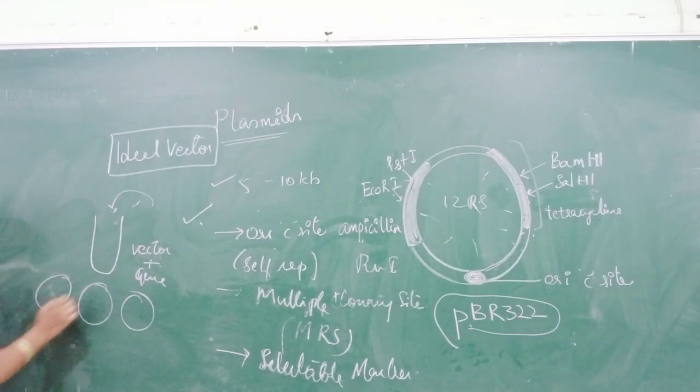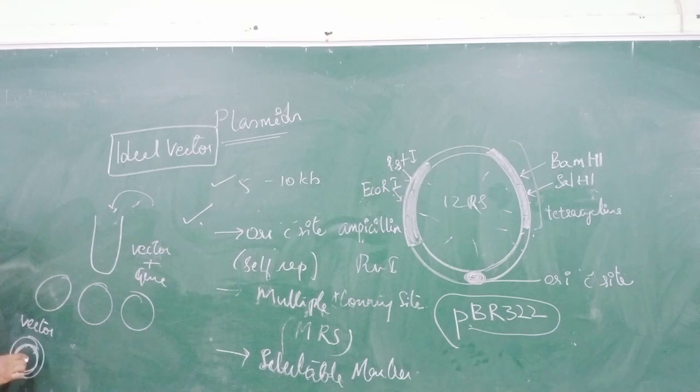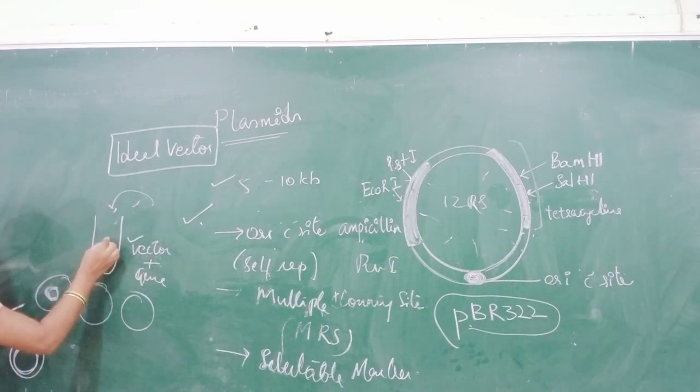In the first reaction, only your vector DNA may circularize upon itself without addition of a gene of interest or your target DNA molecule. So only the vector will recircularize. This is your open linear vector, and this can recircularize.